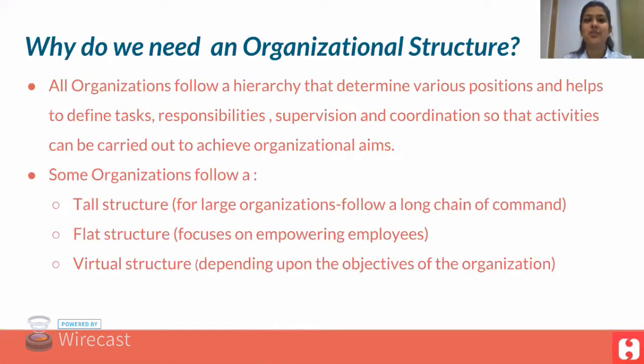So you do not need to sit in the same premises, in the same building, but you can sit virtually in some other part of the country or other part of the world and still be connected to each other. So this is a virtual type of organization. We would be discussing about these organizations in detail in the following slides.